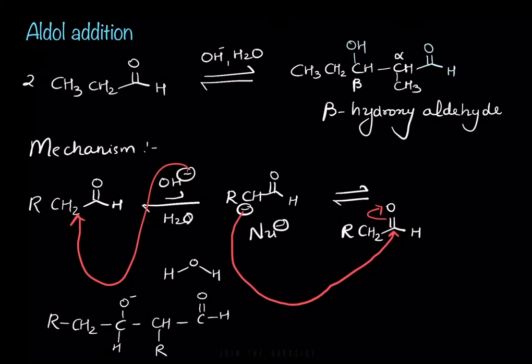So the oxygen with its negative charge is going to abstract this hydrogen and get protonated. And there we have our beta hydroxy aldehyde.